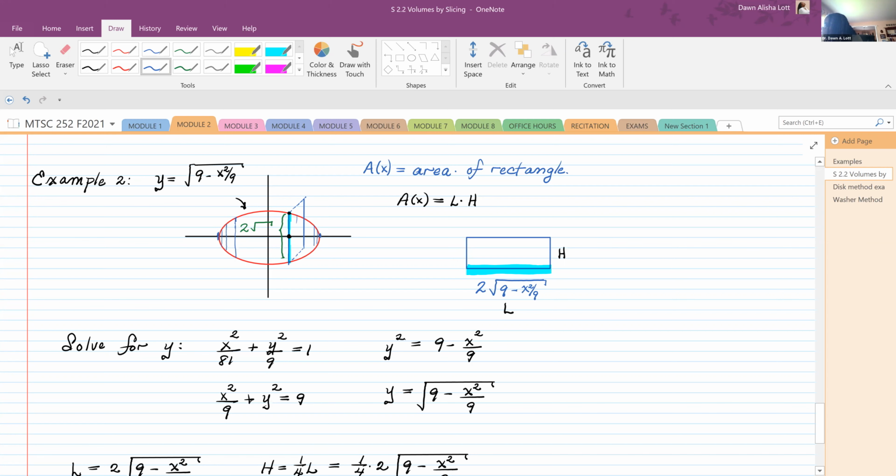So how do I find those values? What do you know about y at those points? We know y is the square root of 9 minus x squared over 9. That's right. But what do you know about y at this location right here, and y at that location right there? Look at your graph.